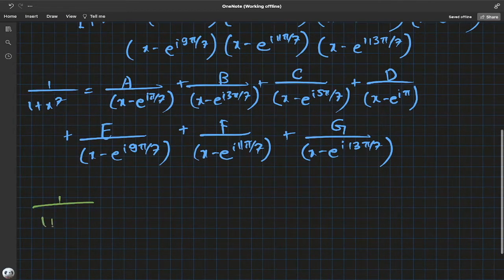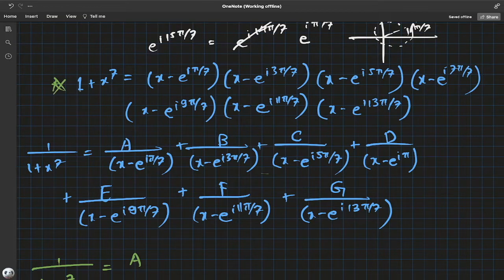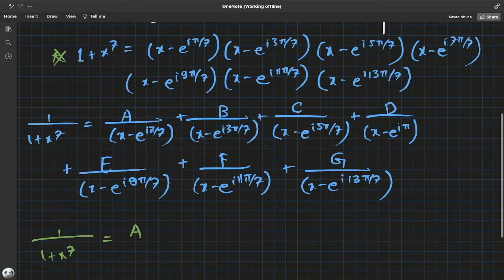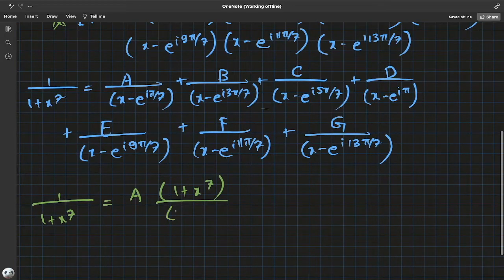So I'm going to have 1 over 1 plus x to the 7th on the left hand side. And alongside a, if you do a cross multiplication, you're going to have all the factors over here, except x minus e to the I pi over 7, which is the first factor. So you're going to have everything but that. And how do you represent something like that? Well, you write the entire thing and just divide out whatever is not there.